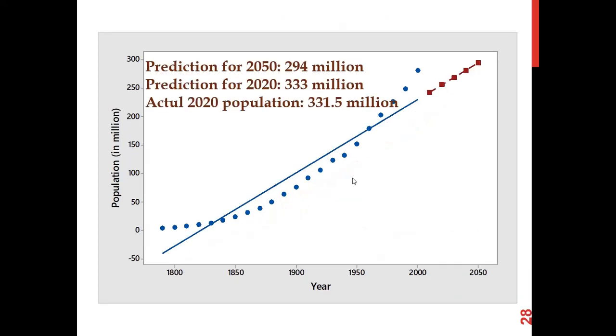But the problem is, if we do predictions here, there is a typing mistake. Then the prediction for 2050 turns out to be 294 million, and the prediction for 2020 turns out to be somewhere around 250 million, slightly below 250 million. But the actual 2020 population is 331.5 million, because initially the pattern was up to this, but the pattern has suddenly changed. So what to do?